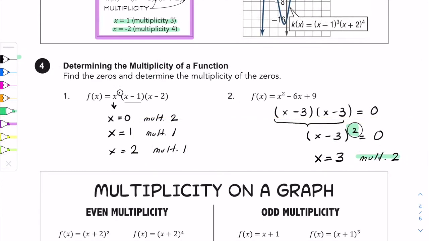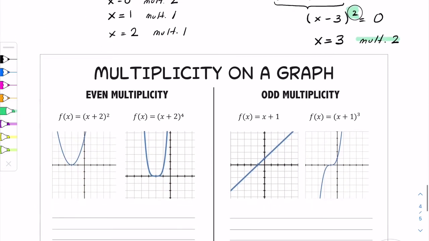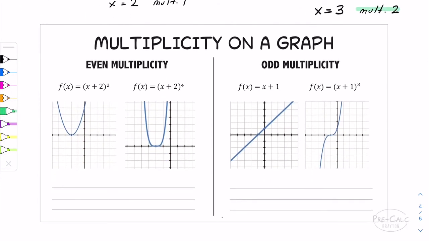And multiplicity on the graph. This is more important next class, but real quick. Even multiplicity indicates that the graph touches or turns at the x-axis or at the associated 0. If we look at this graph, there's a 0 right here.